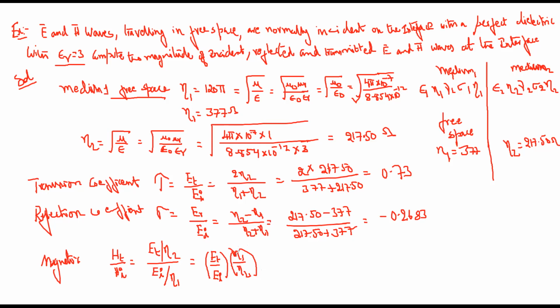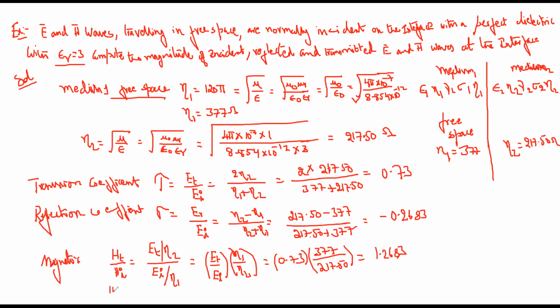So ET by EI we already got as 0.73, multiplied with eta 1. What is eta 1? 377 whole divided by 217.50. Then you'll get the magnitude of HT by HI as 1.2683. So ET by EI we got 0.73 and HT by HI is 1.268.